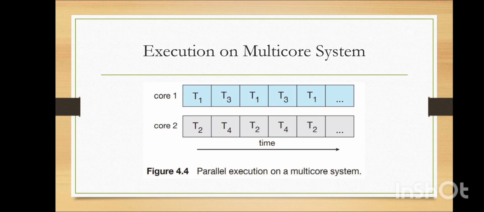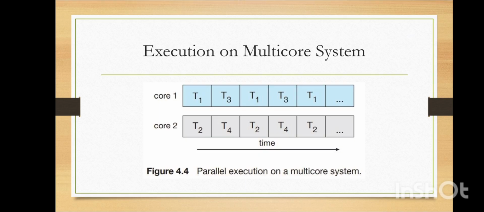The diagram illustrates the concept of parallel execution on a multi-core system, where multiple tasks can run simultaneously on different processor cores. The system has two separate processor cores labeled core 1 and core 2. Each core is a physical CPU capable of running its own thread independently.